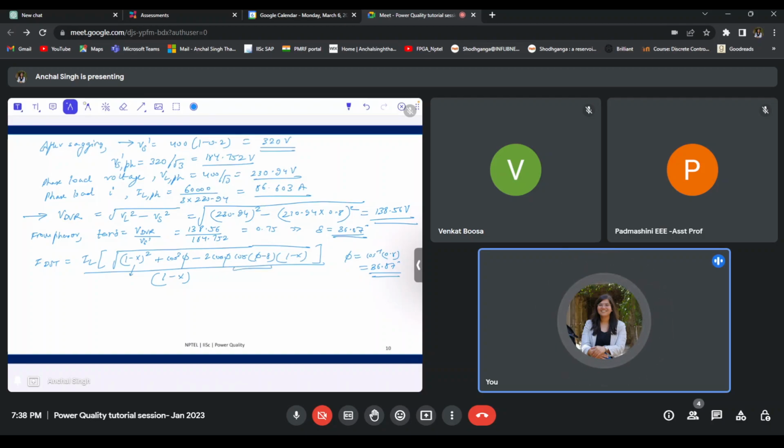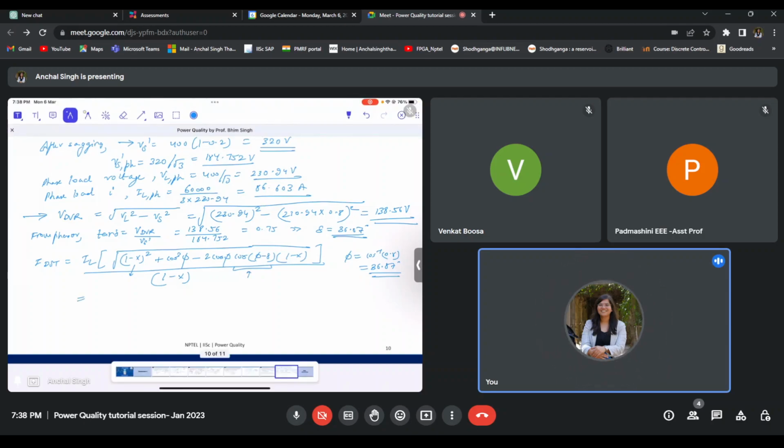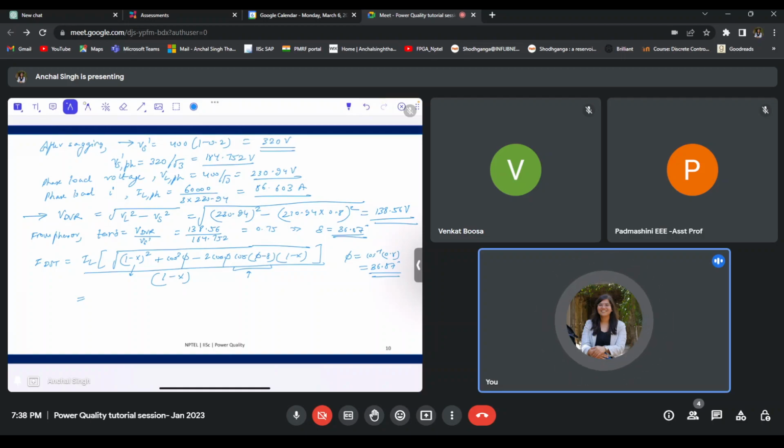So this will become this expression. If you solve completely, it will come out to be 0 because all the components will cancel out each other. So you will realize that finally, using this expression, the D-STATCOM current from the UPQC-Q will be 0 amperes.